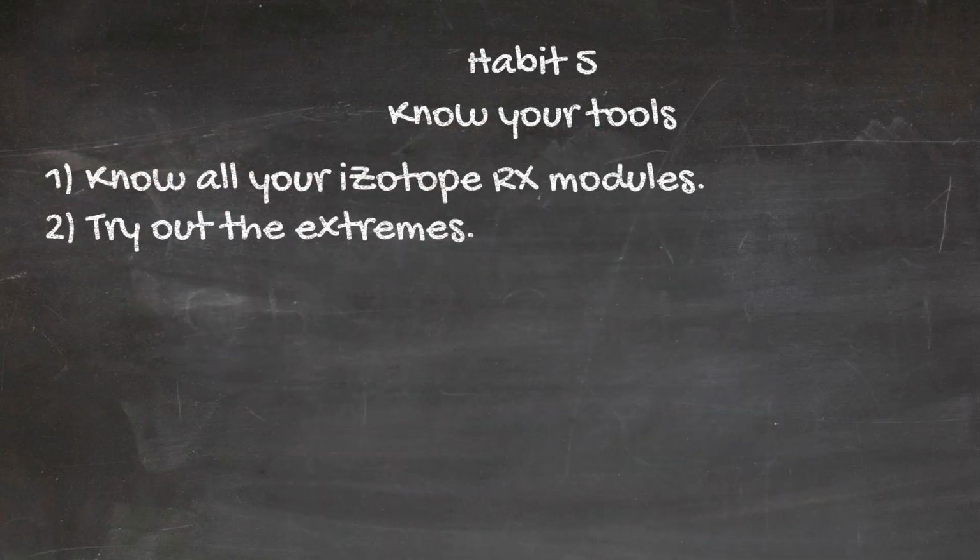For example, in Isotope's De-rustle algorithm, find out what a low and a high reduction strength and a low and a high ambience preservation setting is actually doing to your sound. This will help you to develop a vocabulary that you can then use to determine what algorithm and which parameters are the best match for the problem that you're trying to eliminate.